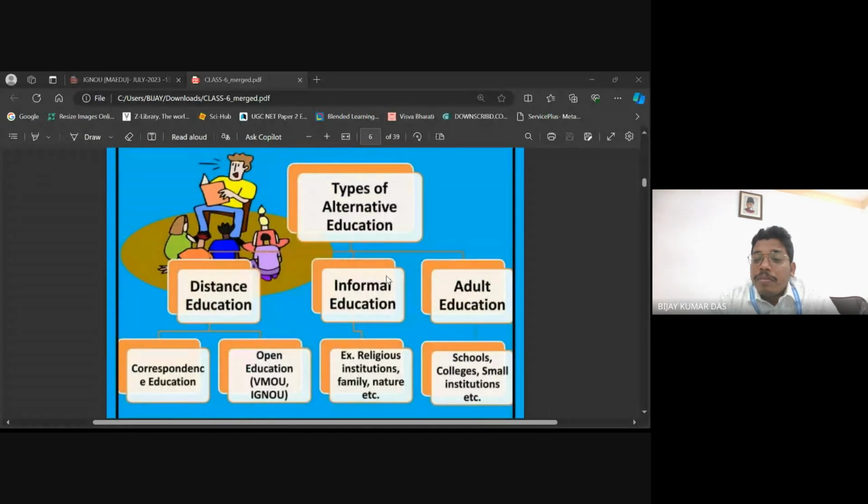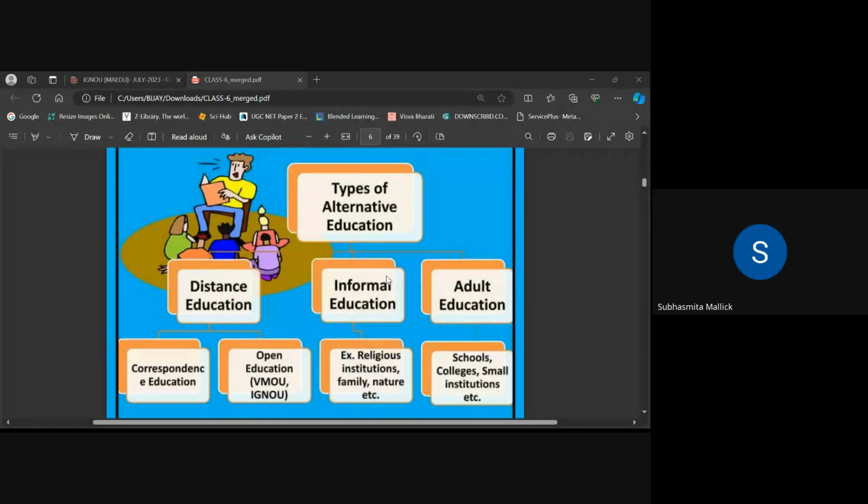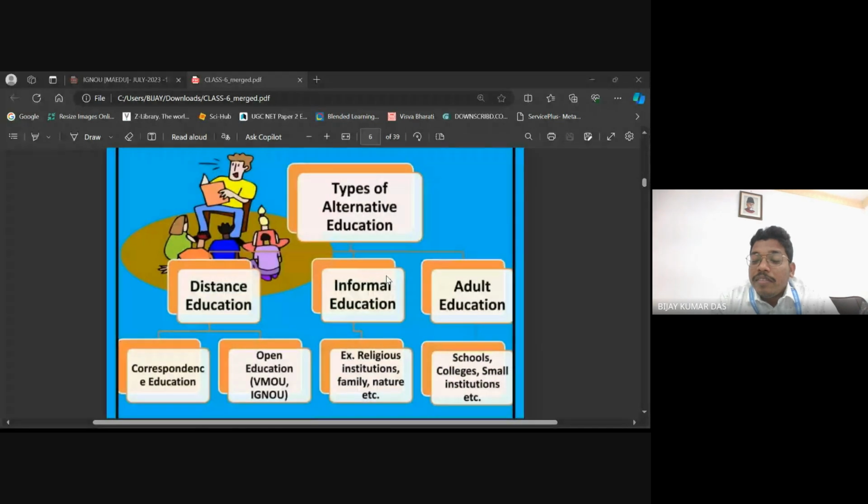Anybody else from Keonjhar or Bhadrak? Yes, sir, I am from Keonjhar, on the Singapore border. Om Prakash, where are you from? Sir, Agarpada, Anandapur. Okay, it is Bhadrak, right? Yes. Okay, thank you very much.